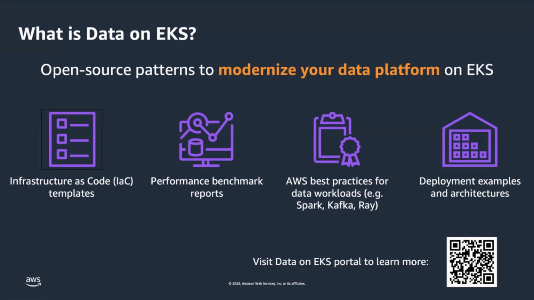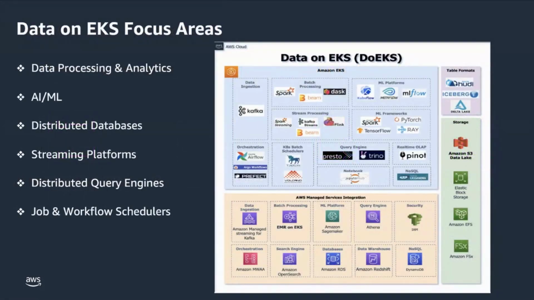This is an open source solution, and you'll be able to pull some of these patterns down, contribute, or just read some of the findings that we've gathered from working with customers at scale during our journey with EKS.